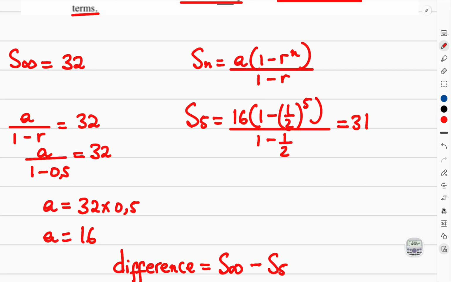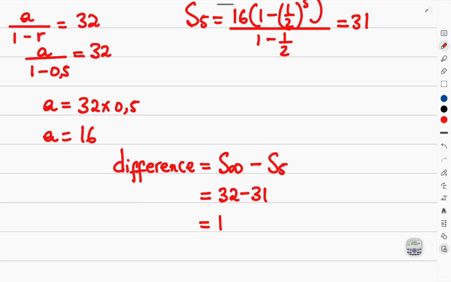Where there's n, you replace by 5, where there's a by 16, r a half. Then the sum of 5 terms will be 31. Then you go for the difference. The difference equals the sum to infinity minus the sum of 5 terms. After substitution, the answer will be 1.